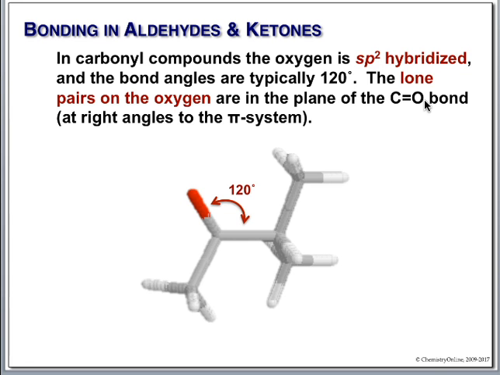We'll see that the lone pairs here are sticking out in this plane, pi system coming out. A lot of the chemistry of carbonyl compounds is going to involve the lone pairs of electrons that are sticking out here. We're going to protonate them, we're going to do things to them, and that's going to make the carbonyl carbon even more electrophilic.